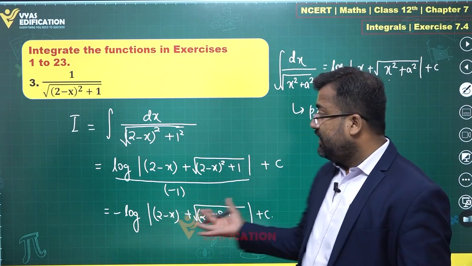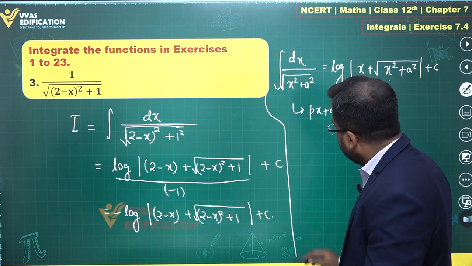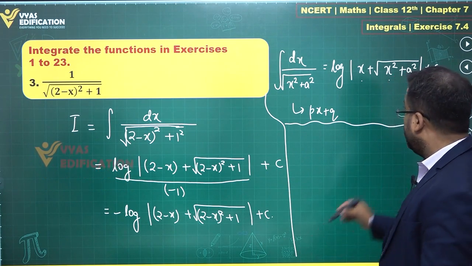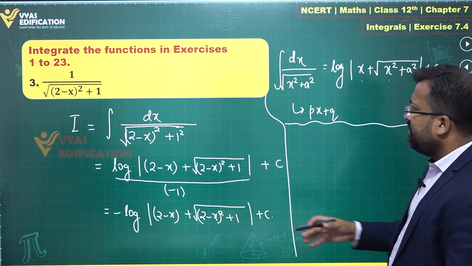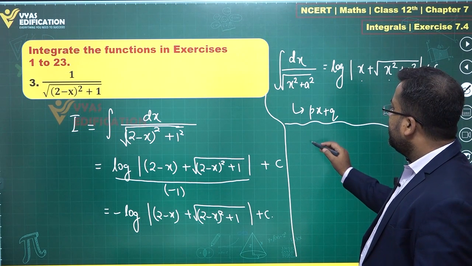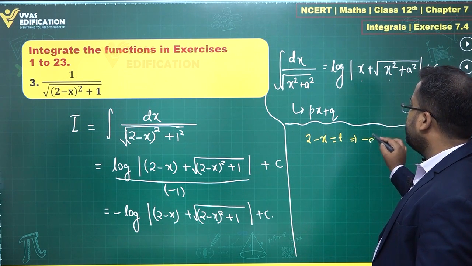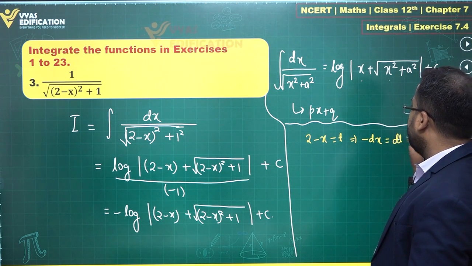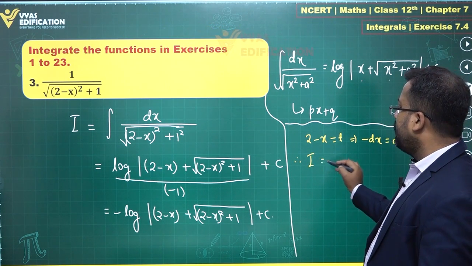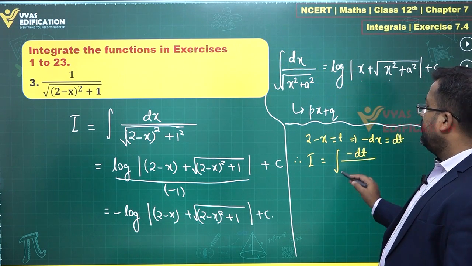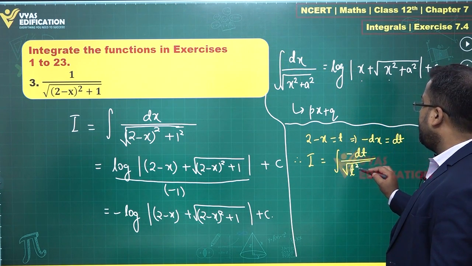That's the final answer. Another way of dealing with the same thing, because I have explained this, you can solve it like this. But if you wanted to solve as per maybe the NCERT people, what do they ask you to do? They will ask you to substitute 2 minus x as t. They will write minus dx is equal to dt, and therefore I will become equal to integral of minus dt upon root of t square plus 1.